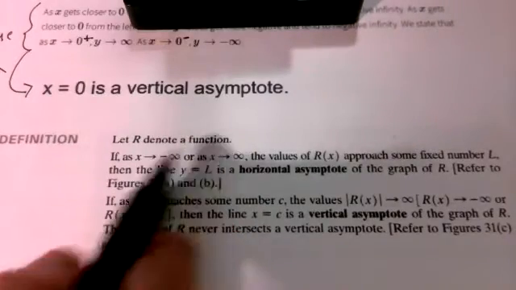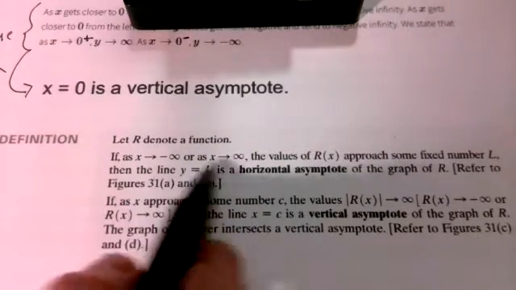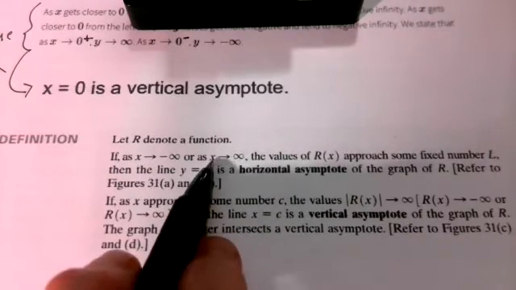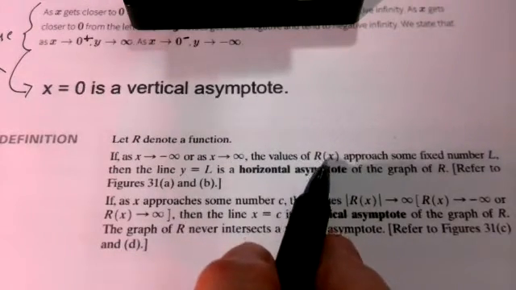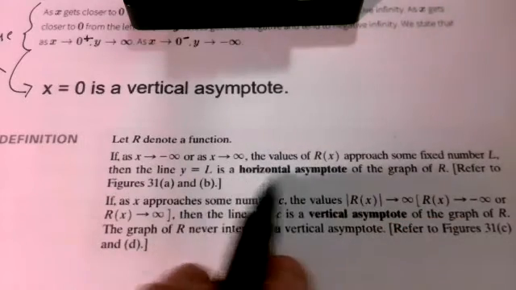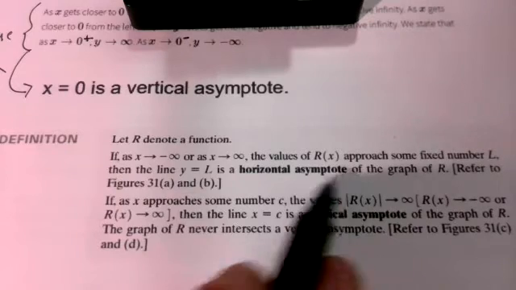So let R denote a function. As x goes to negative infinity or as x goes to infinity, if the values of the function approach some fixed number L, then the line y equals L is a horizontal asymptote.